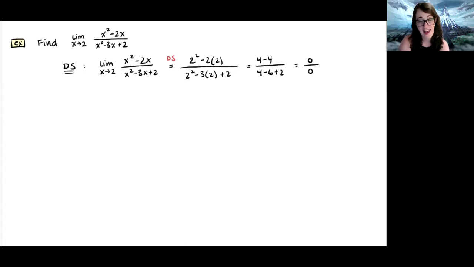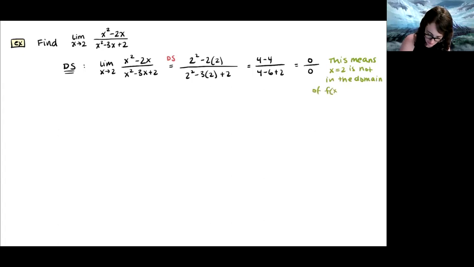So that means that x equals 2 is not in the domain of the function here. So let's note that. This means we have a hole in the graph at x equals 2. X equals 2 is not in the domain of the function, x squared minus 2x over x squared minus 3x plus 2.